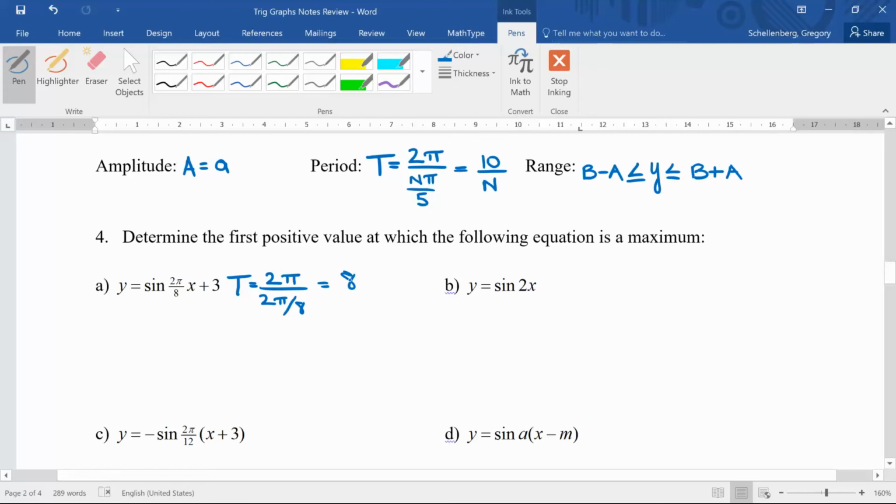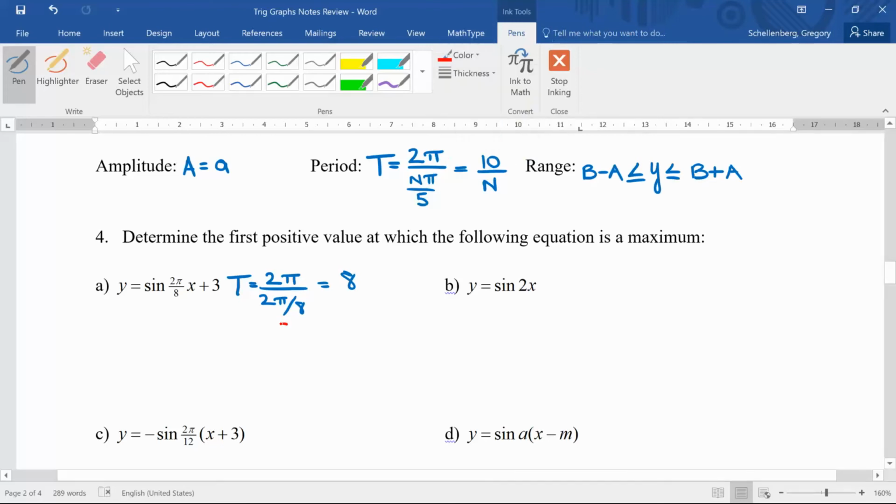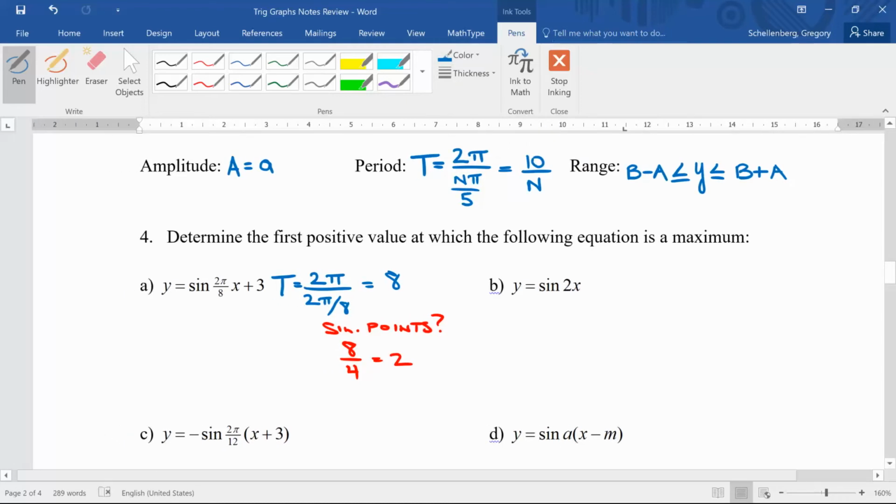And if we think about that from a significant point standpoint, sig points, then our sig points occur every quarter of a period or every 2 units. Let's give ourselves a brief sketch of what this looks like. We have no phase shift, so our function's going to start at 0.